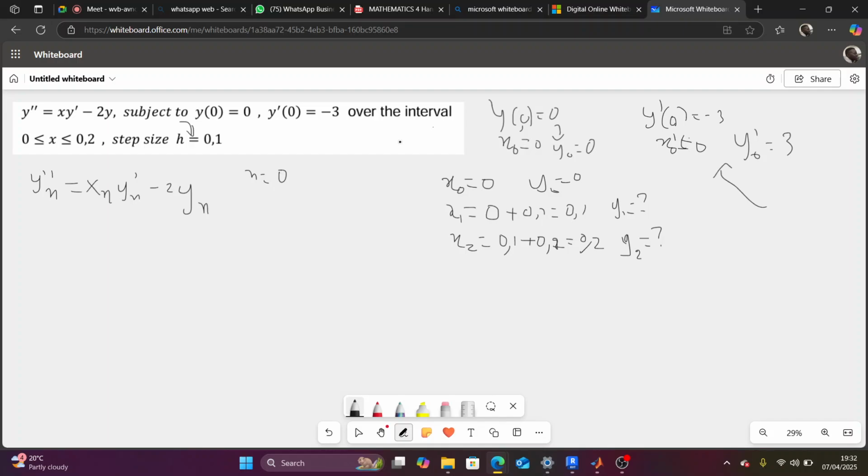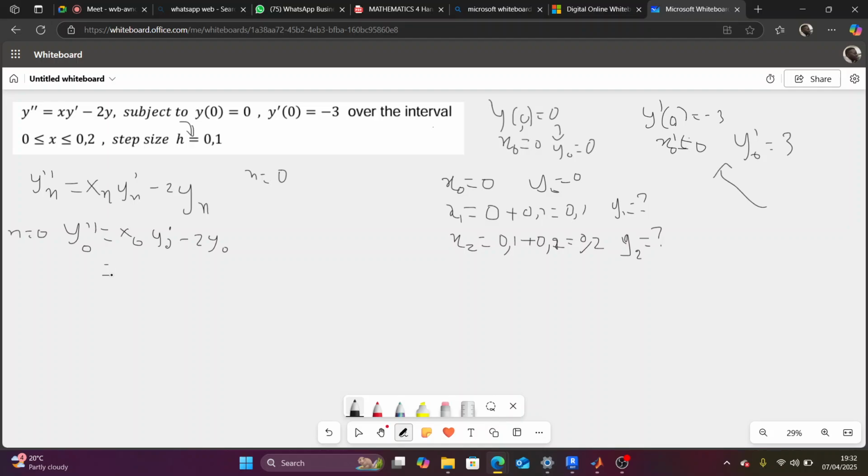What do we have? We have x0 and we have y0, but we don't have y secant 0. So when you come here, for n equals 0, you have y secant 0 equal to x0 y0 prime minus 2y0.